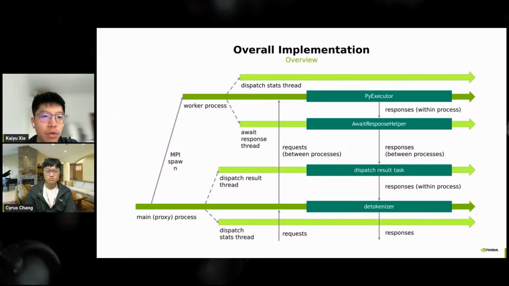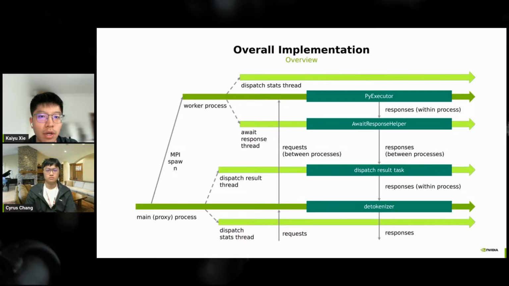The worker process will create one important thread called the await response thread, and then when the request is passed to the PyExecutor, the PyExecutor will launch the actual implementation of the executor, such as the PyExecutor or the CPP runtime executor.